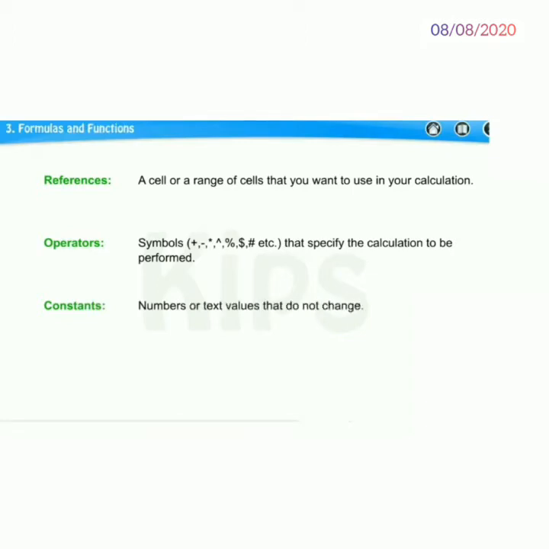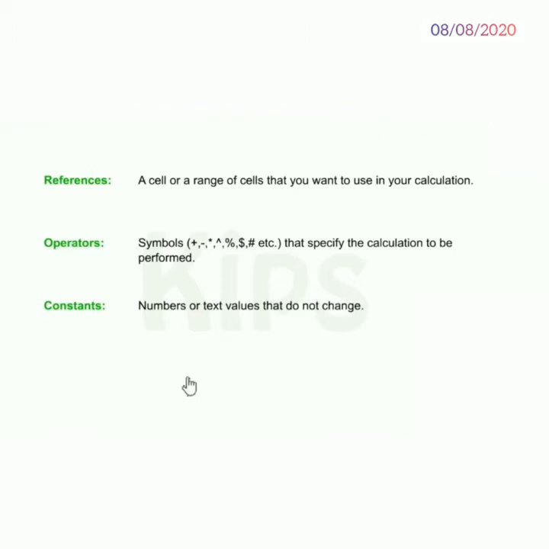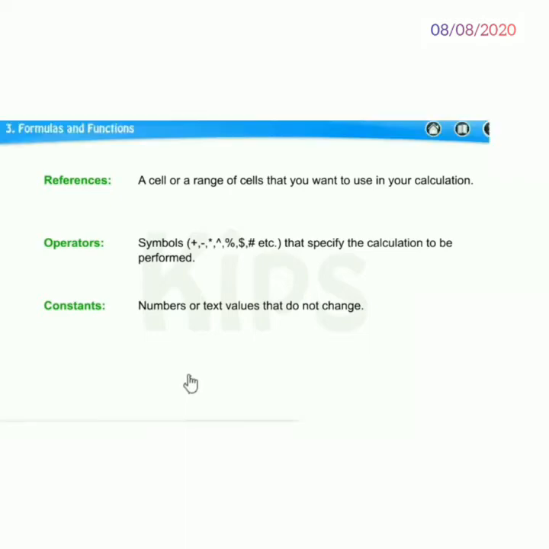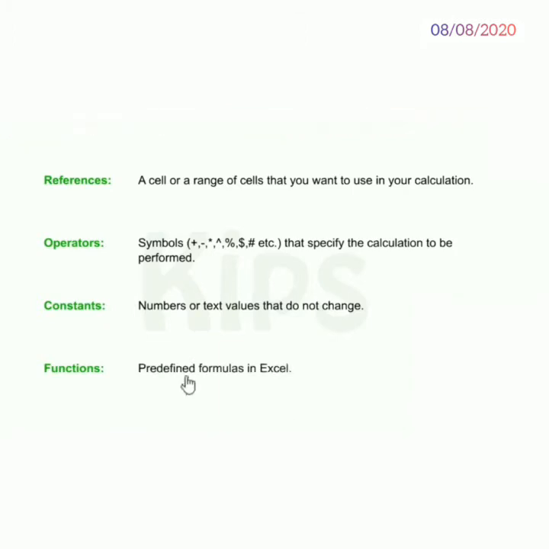Next comes constants. Constants are numbers or text values that do not change, for example 1, 2, 3 or A, B, C. Next, functions. Functions are predefined formulas in Excel. As we proceed with our class, we will learn some of the functions.